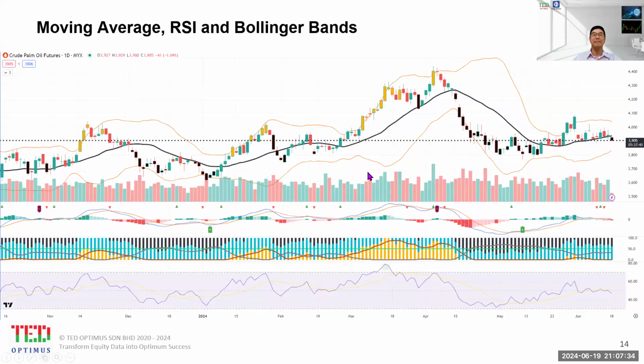But you can see a lot of the time the price will stay higher and higher, and at this so-called overbought level, the RSI will stay flat until maybe 2 weeks later, then only drop. So if you sell here, you're missing a lot of profit opportunity.